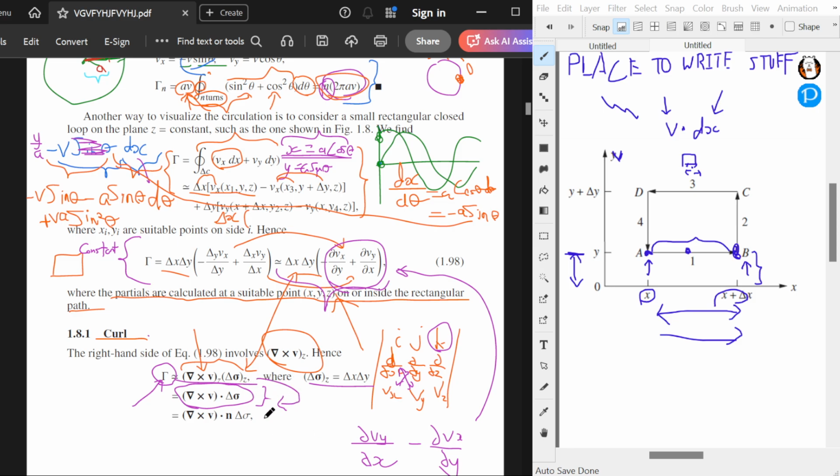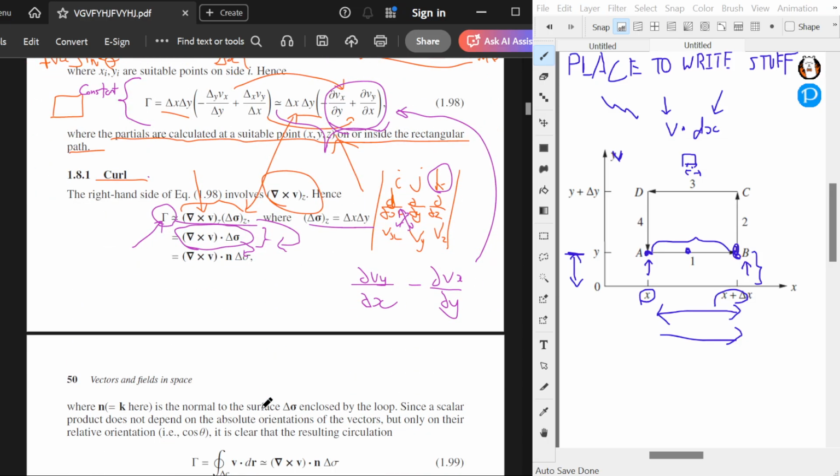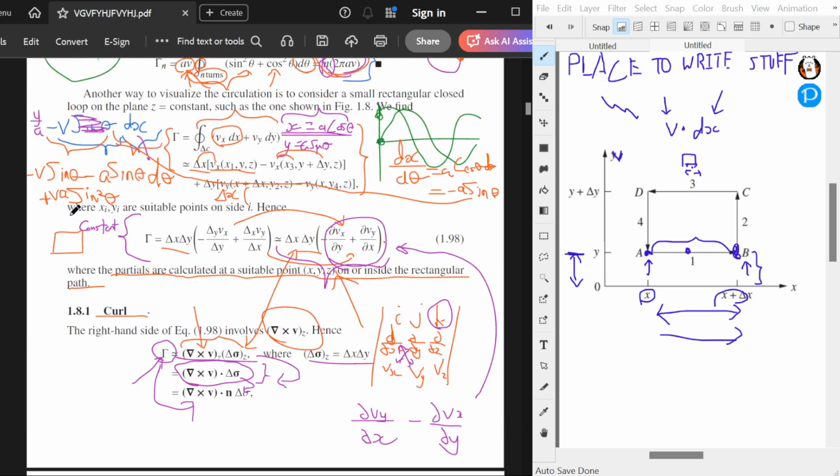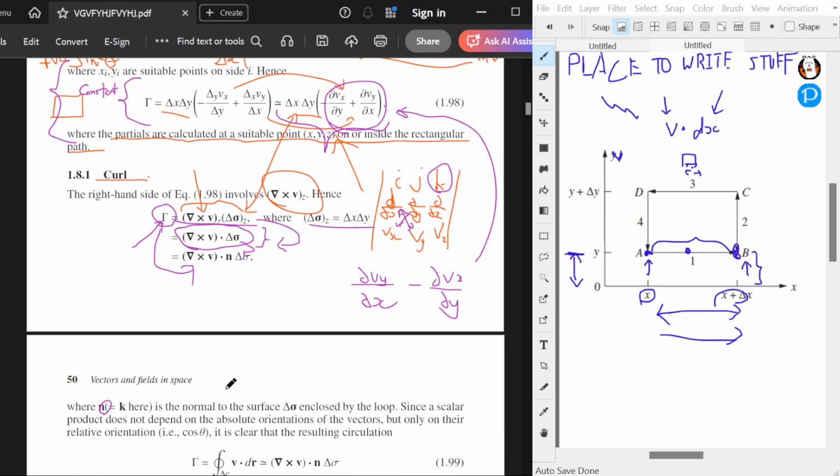It makes sense. They pulled out the normal. That is normal stuff. Hence where n equal k here. Hence circulation is this, where n equal k in this scenario.